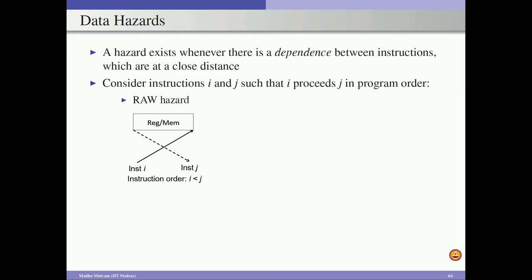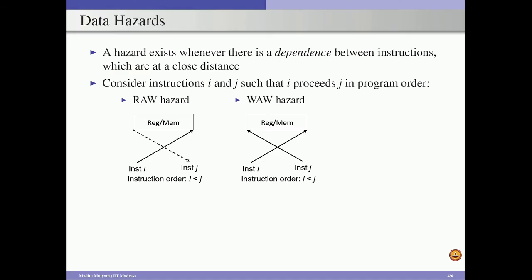And the second type of hazard is the write after write hazard. In this scenario, again instruction I is coming before instruction j in the program order, and both these instructions are writing to a memory location or a register. Now, if you are going to execute instruction j before instruction I, finally the register is going to store the value written by instruction I, but the program may be requiring the value written by instruction j in the register.